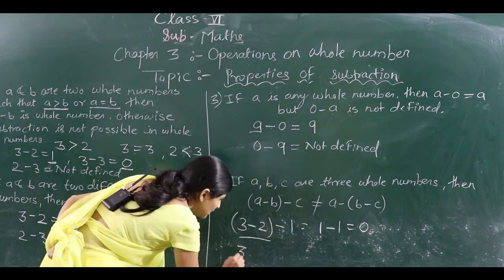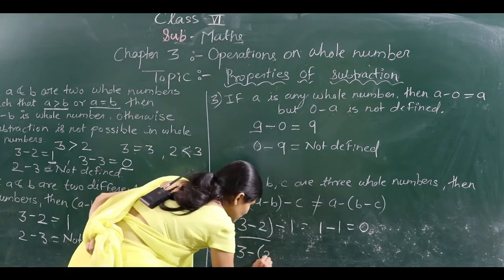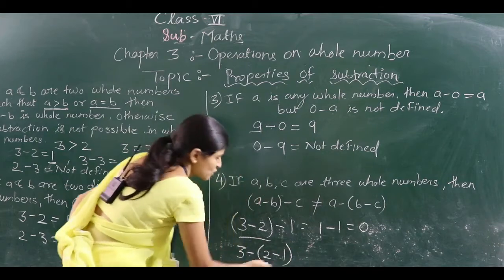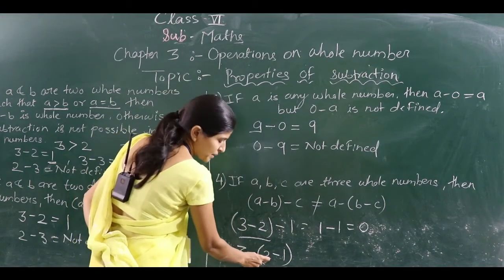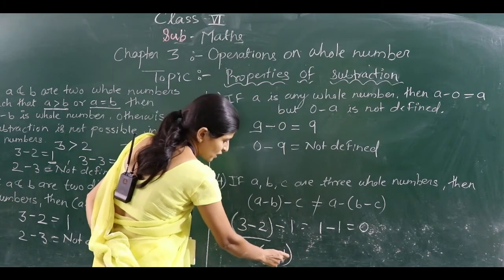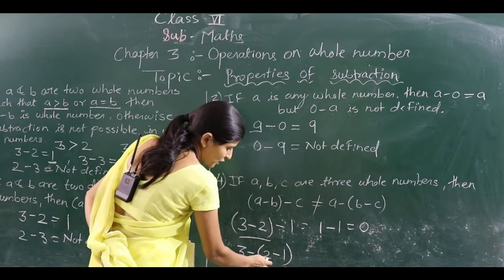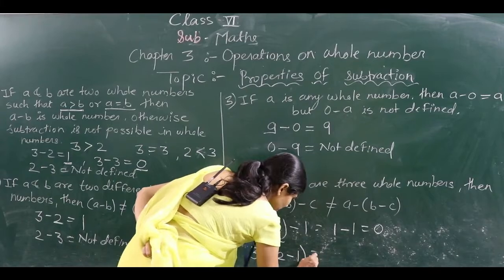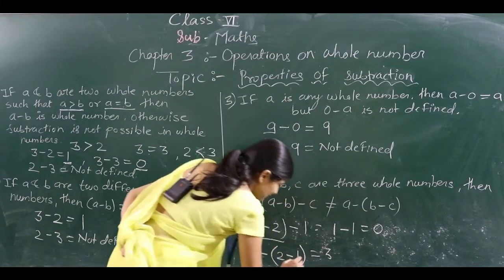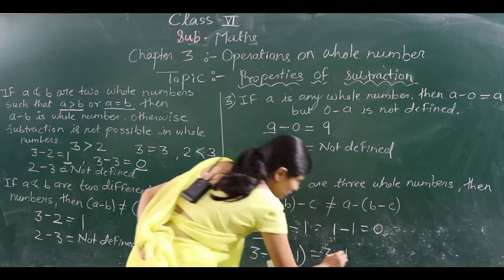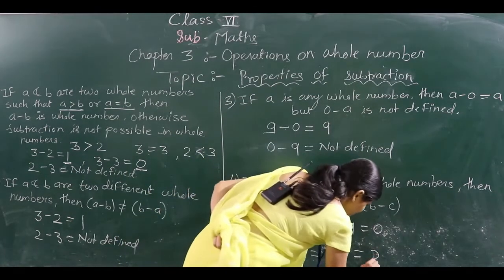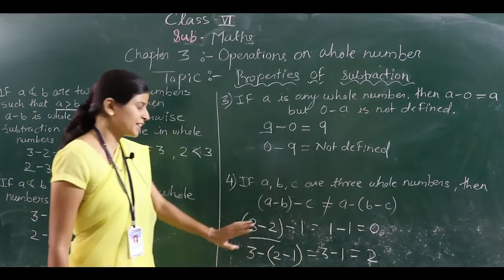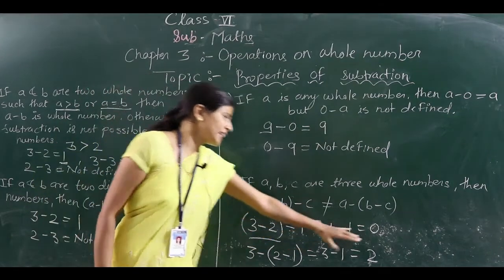Now the second condition: a minus, in brackets, b minus c, that is 3 minus, in brackets, 2 minus 1. Here we substitute a equal to 3, b equal to 2 and c equal to 1. First we solve the bracket, 2 minus 1 equal to 1. Now 3 minus 1, we get the answer 2. It means if we interchange the brackets we do not get the same answer.